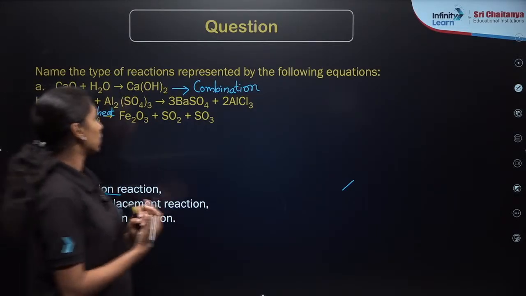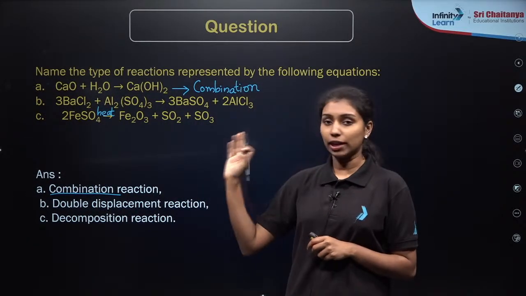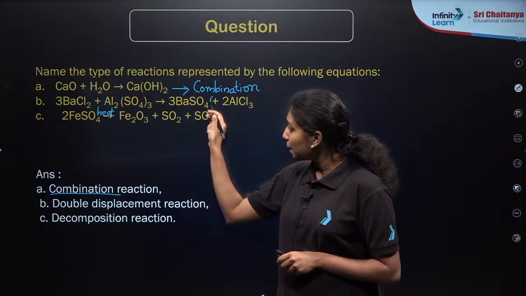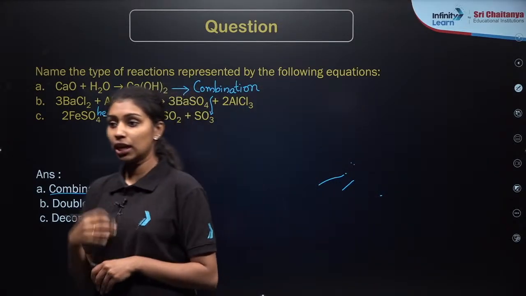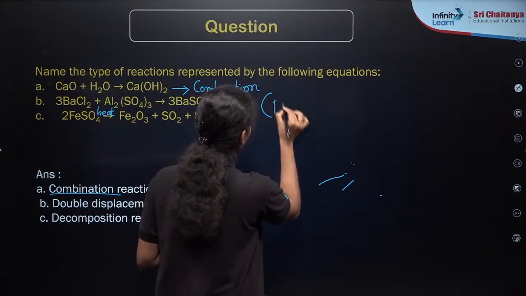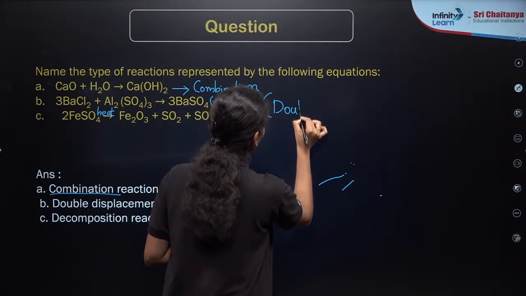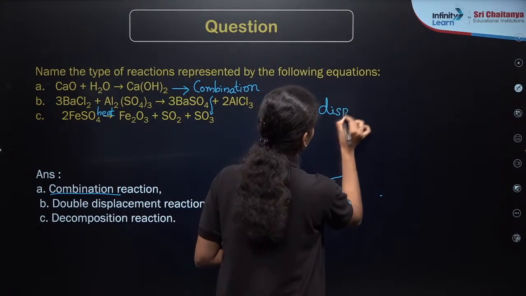Barium chloride will be treated with aluminum sulfate to form barium sulfate and aluminum chloride, which means that barium sulfate will be precipitated over here. So this reaction is known as the precipitation reaction, or we can say that this is a double displacement reaction, right? We are interchanging the ions over here. So this is a double displacement reaction.